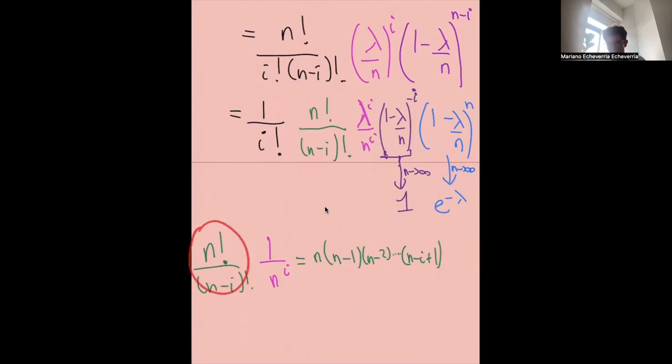So I'm basically writing this as a product of the first i numbers, okay?